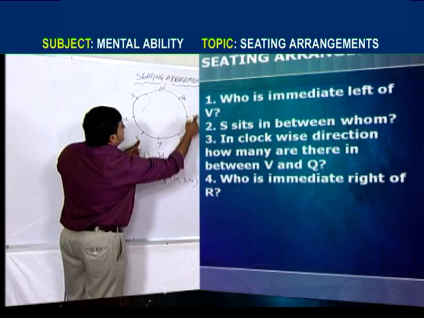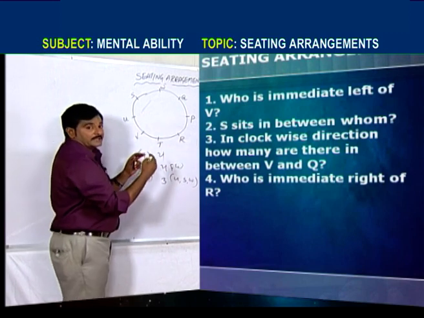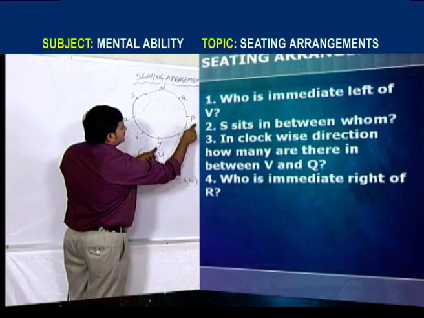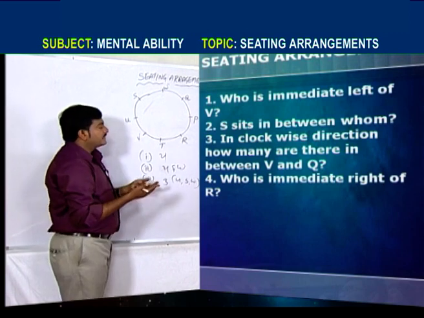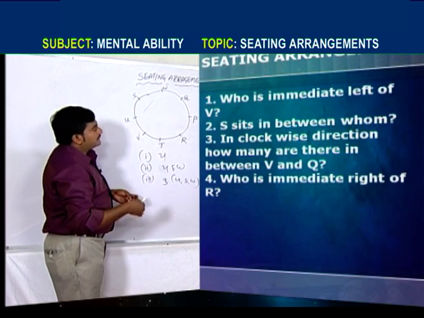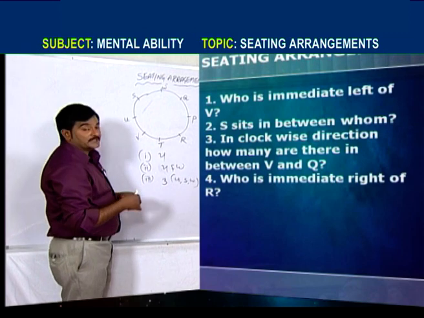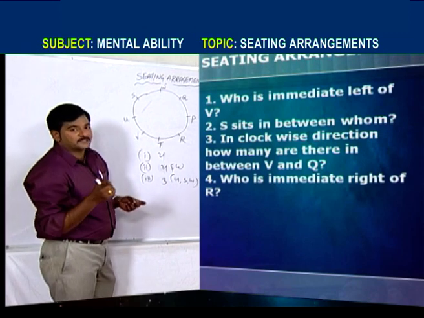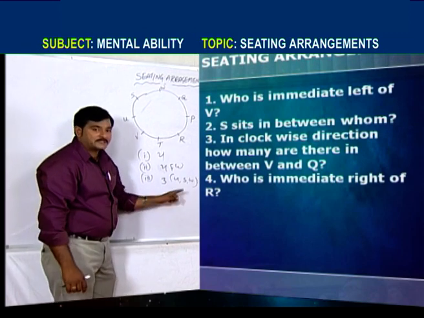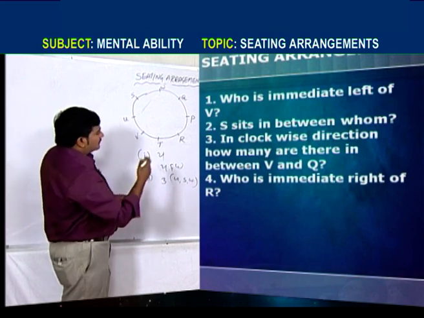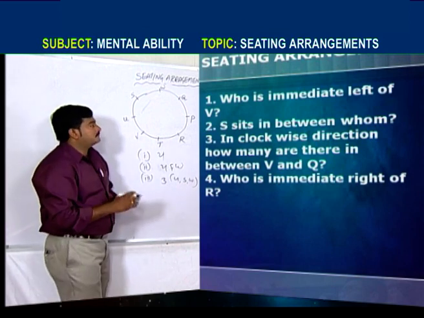If you take anti-clockwise, in reverse, how many are we getting? 3. For this question, clockwise or anti-clockwise, in both cases we get 3 only. But he mentioned clockwise. They are U, S, W.